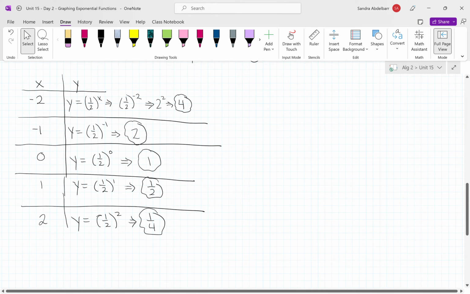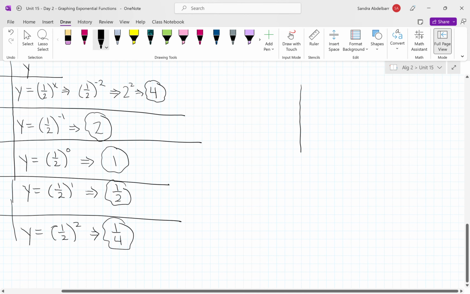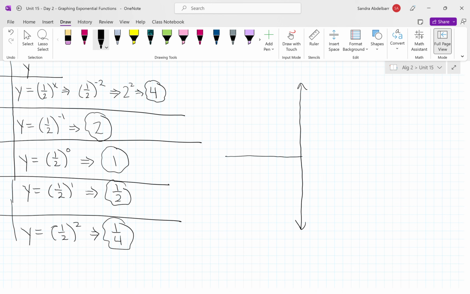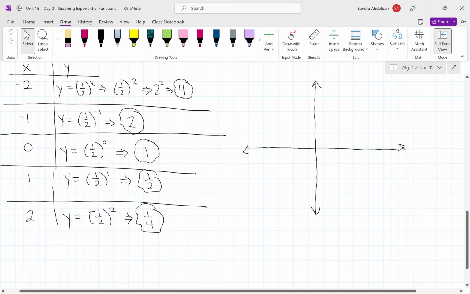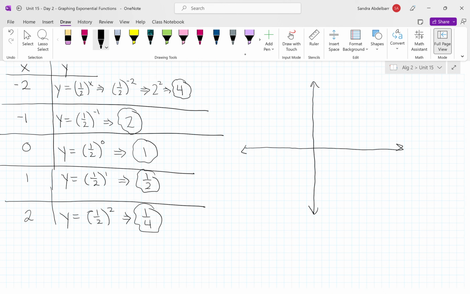All right, so let's sketch this. So we are at -2, 4. And then we are at -1, 2. And then we're at 0, 1.